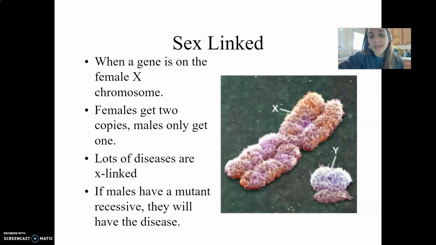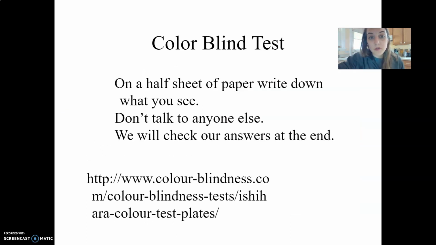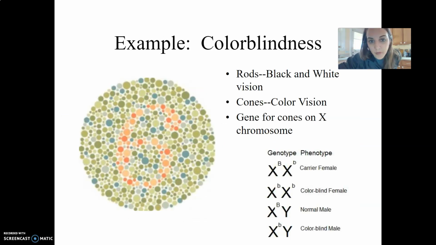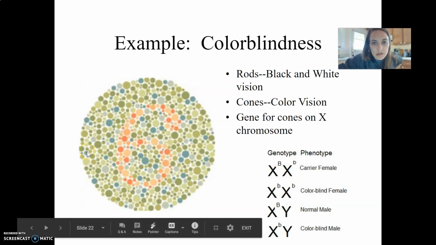Because it's a chromosome, it has lots of genes on it. So all of the genes on this X chromosome are not connected to sex necessarily. There's also other genes that can be found on that X chromosome. One being color blindness. Color blindness is more common in males.